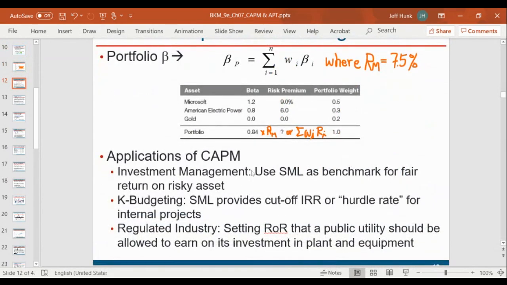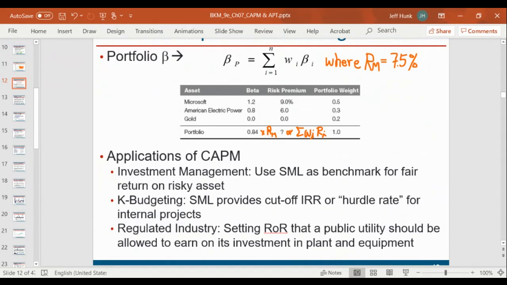CAPM is being used very widely, right? Because, as I said, it is theoretically very powerful and solid, regardless of the precision or accuracy of its actual results. And there is a lot of critique that CAPM is not very accurate.